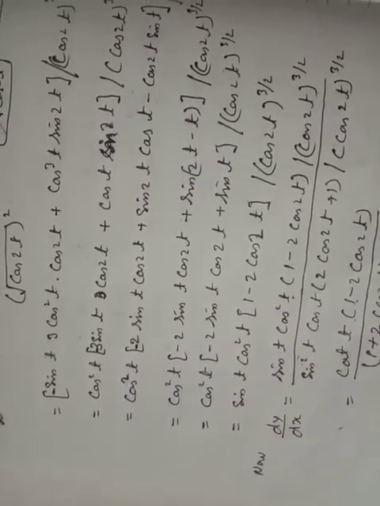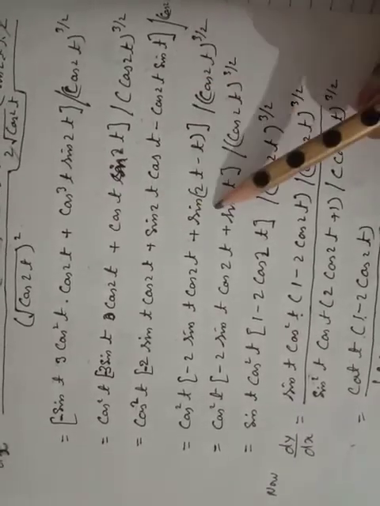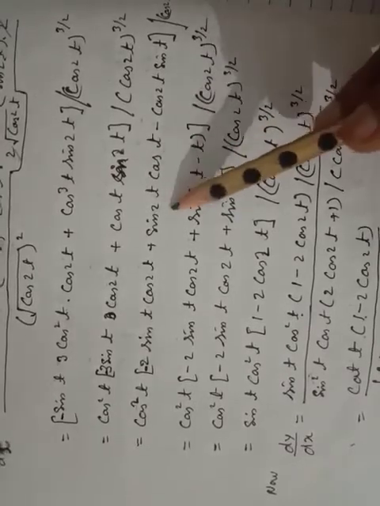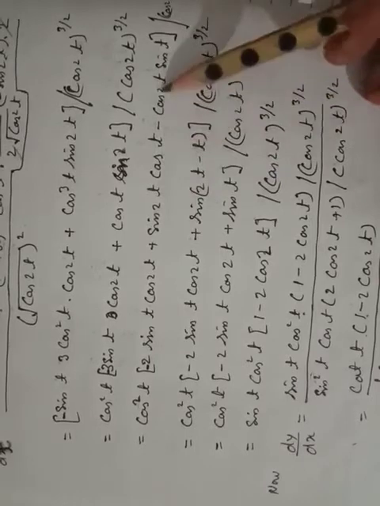I think you are unable to understand because you are not getting the video, so I am just putting it here. Okay, so this is the formula of sin of 2t minus t: sin x cos y minus cos x sin y. This is the value of sin of x minus y.